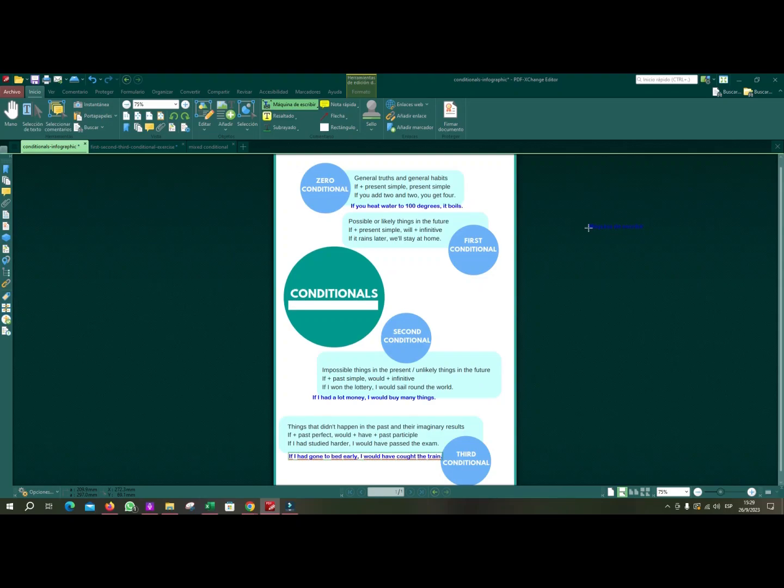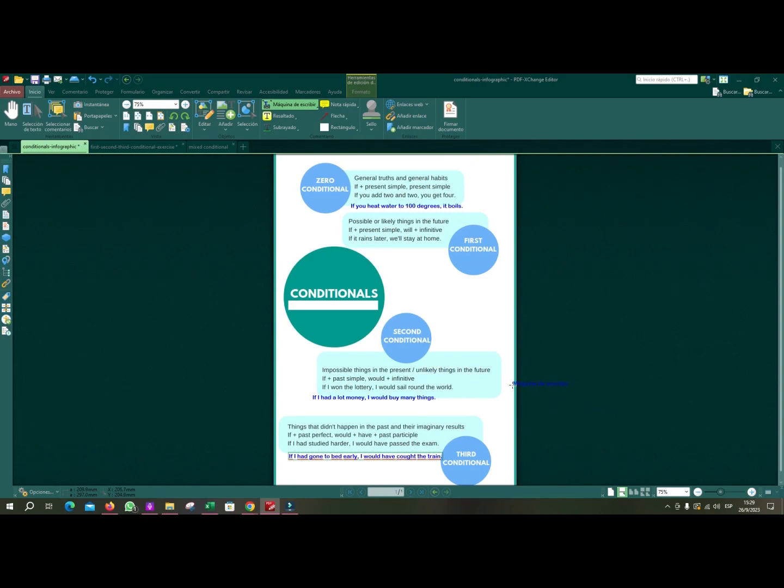So zero, simple present in the if clause and simple present in the main clause. First conditional, in the if clause, simple present, and in the main clause, will plus the infinitive. Second conditional, in the if clause, you're going to have the simple past, in the main clause, would plus the infinitive.